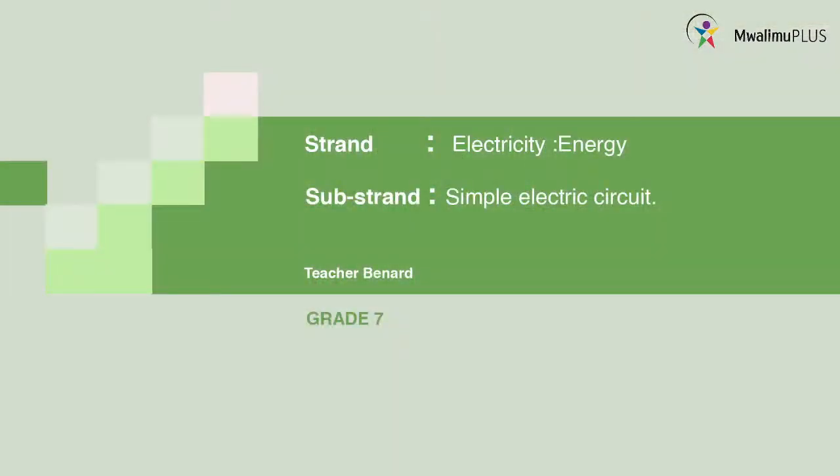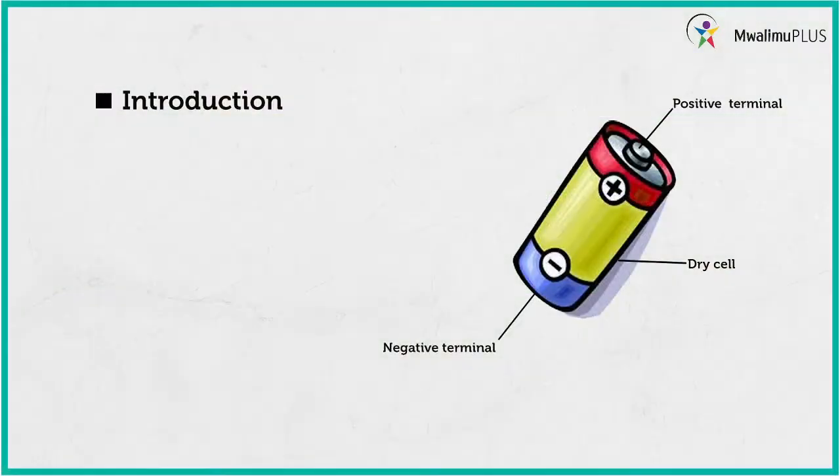Let us now go to today's work, and I want you to look at the screen there. We are going to talk about simple electric circuit. I want you to look at the diagram there on the screen. What are you able to see? Very good. In the screen we have a dry cell. I would want to draw your attention to the features of the dry cell.